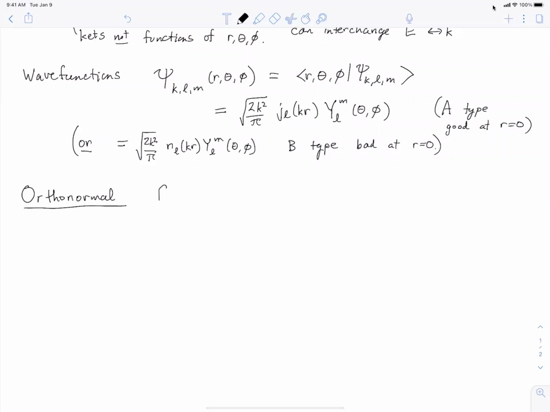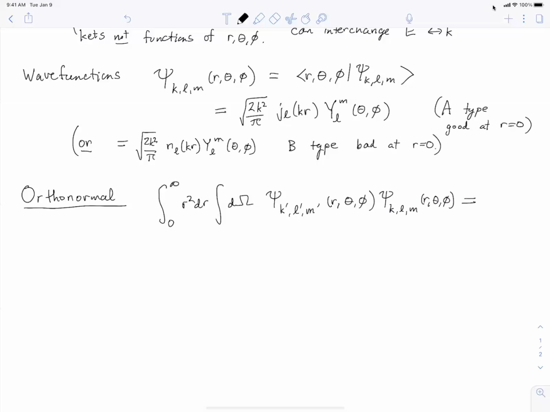And that says if I integrate over all positions with the correct normalization, r squared dr and d omega, of one of these wave functions with labels k prime, l prime, and m prime as a function of r, theta, and phi, multiplied by another wave function with different values of KLM.